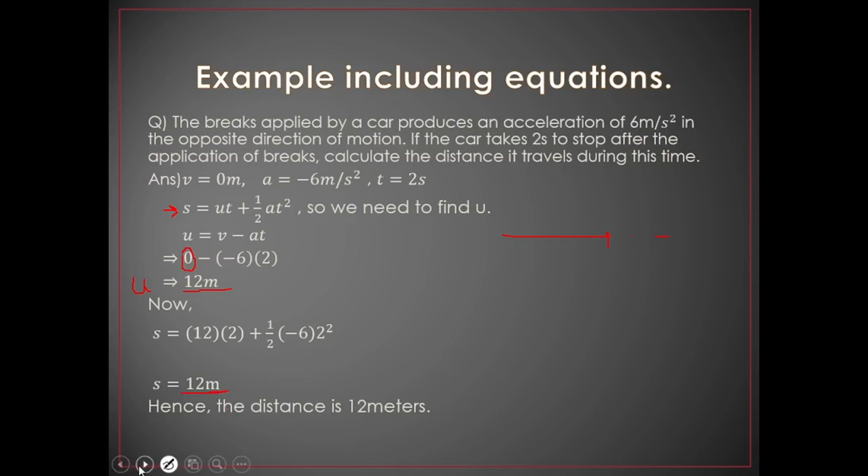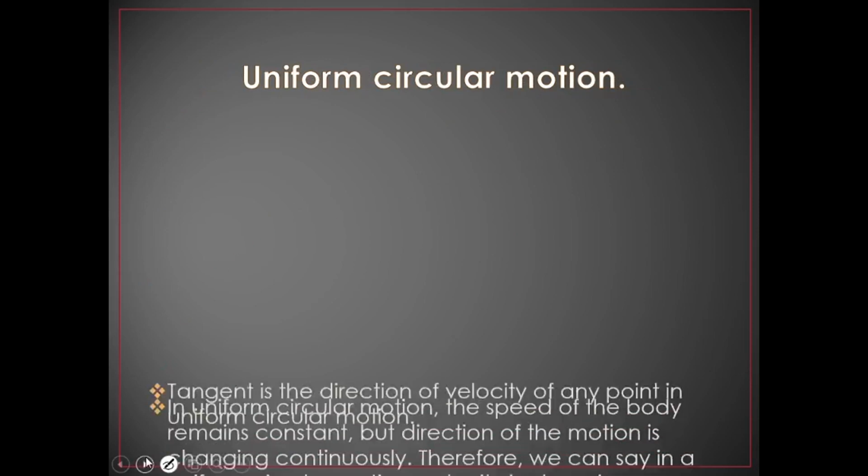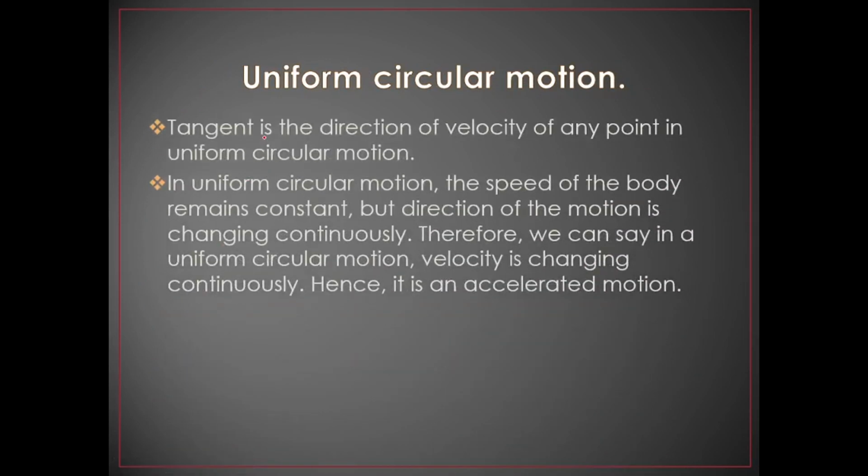Uniform circular motion. Last topic. Some key points are there. Tangent is the direction of the velocity of any point in the uniform circular motion. So this is a circle and you're standing here and rotating a rock tied with a thread.